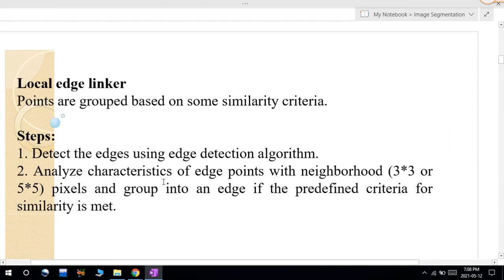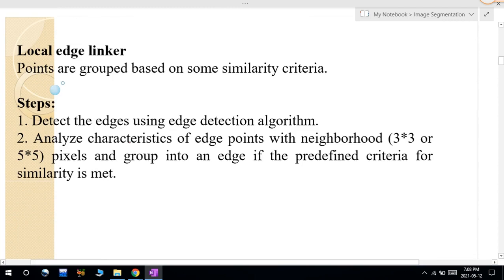The first technique is the local edge linker, in which we get the points called edge points. We link or group those points based on some similarity criteria. We get a lot of edge points by using the edge detection algorithms.